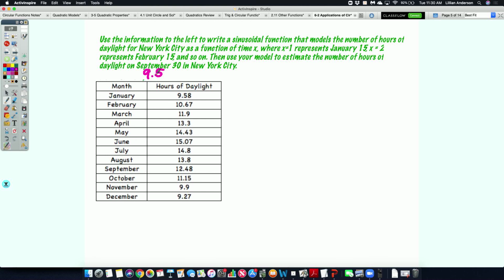Well, September 30th is the last day in September. It's halfway between September 15th and October 15th. Halfway would be 9.5. Okay? So once I figure out what my function is, to actually figure out the number of hours of daylight on September 30th, I'm going to take that 9.5 and plug it in. Okay? But I need to get my equation.